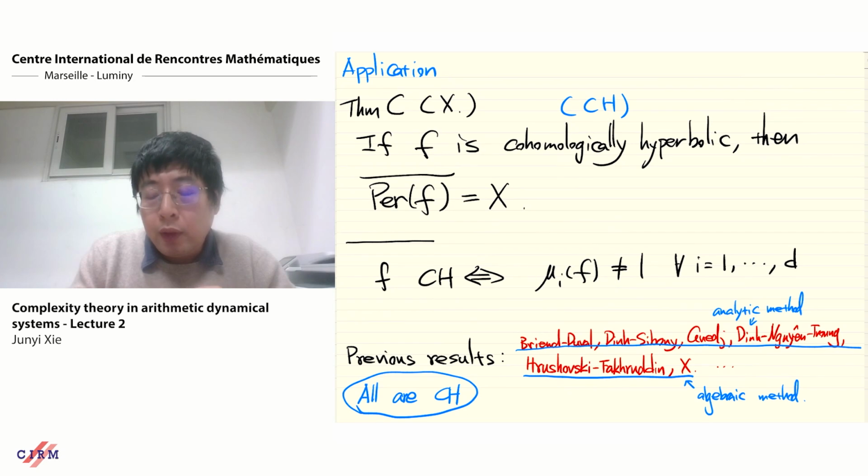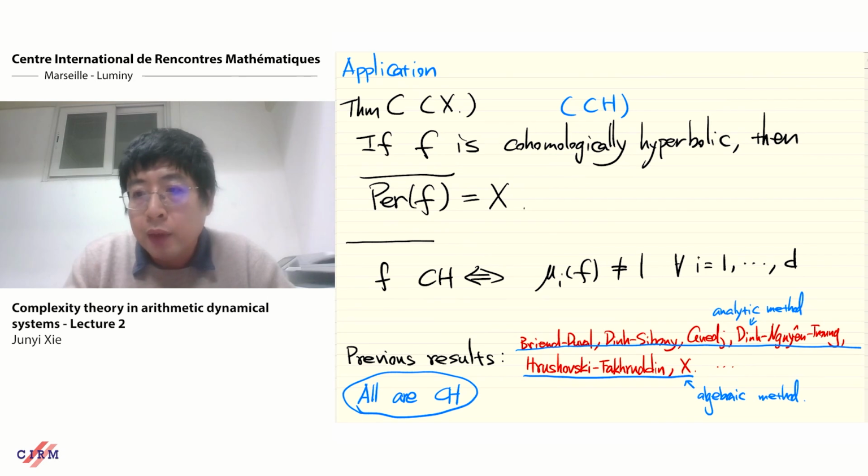The advantage of the analytic method is that once you can prove such a result using an analytic method, what you get is not only the Zariski density, you basically understand the distribution of the periodic points in the Euclidean topology. So usually they get some equidistribution result.